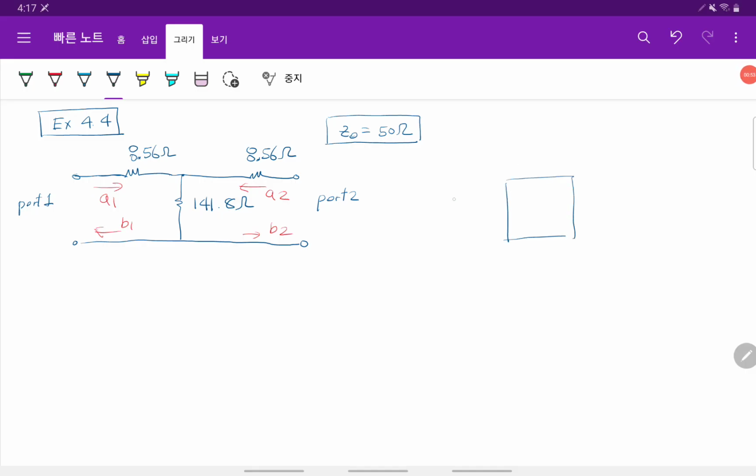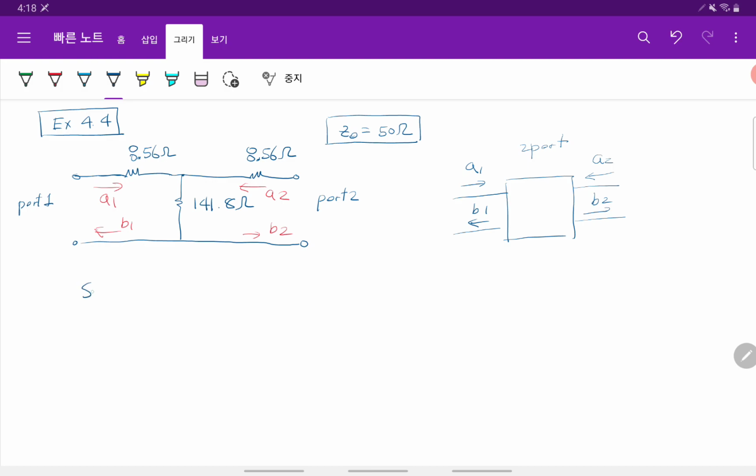If we have a two-port network, the wave coming in is A1, and coming out is B1 at port 1, right? And the wave coming into port 2 is A2, and coming out at port 2 is B2, right?